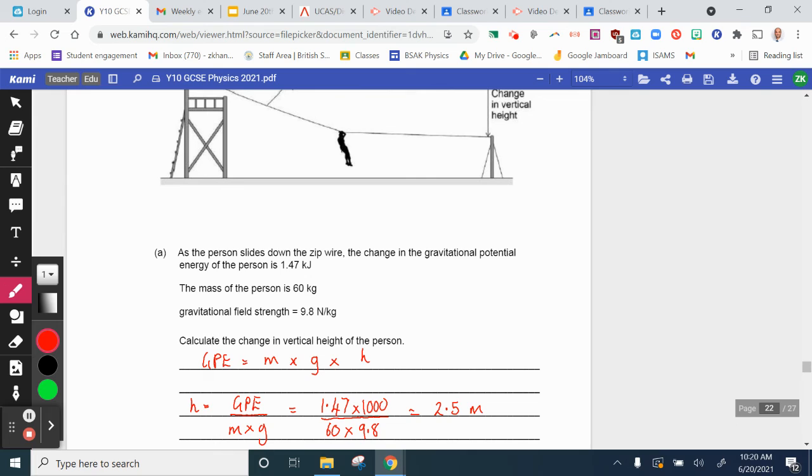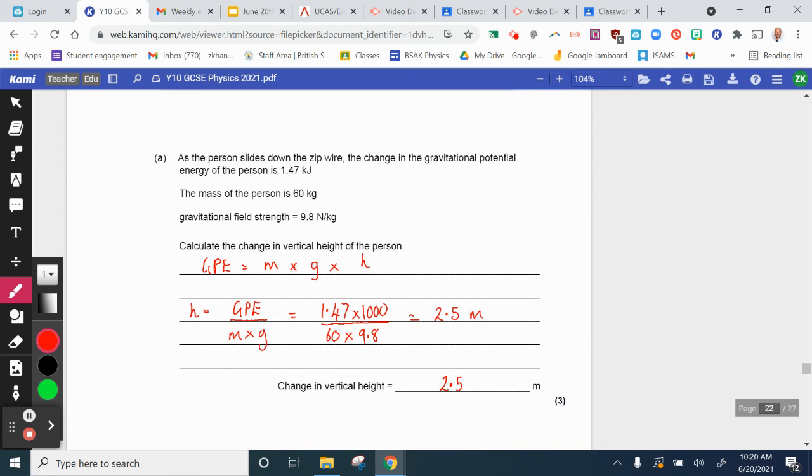The GPE is given in kilojoules, not in joules, so we need to convert that. 1.47 times 1,000 to get from kilojoules to joules is 1,470, divided by 60 kilograms, that's the correct unit, and 9.8 is the correct unit as well of newtons per kilogram, and we get a vertical height of 2.5 meters.